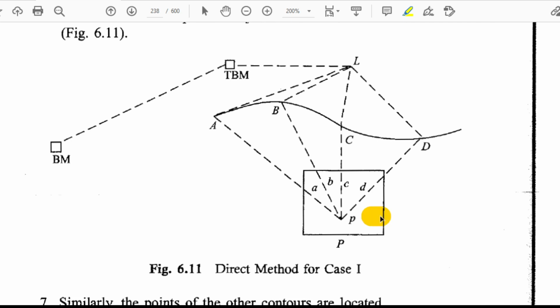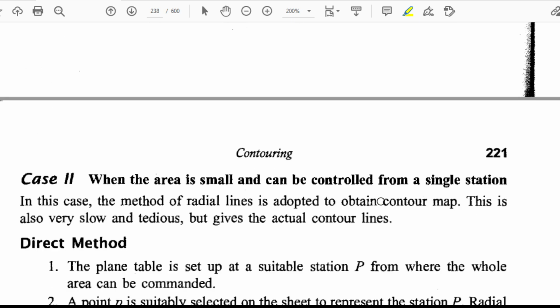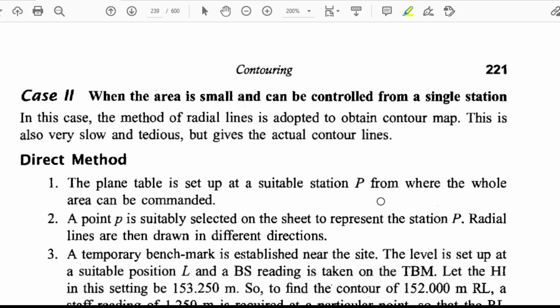This is the plane table from which we are going to plot the map on suitable scale. The second case is when the area is small and can be controlled from a single station. In case 1, area is very oblong and it cannot be controlled from a single station. But in case 2, the exact opposite situation occurs.